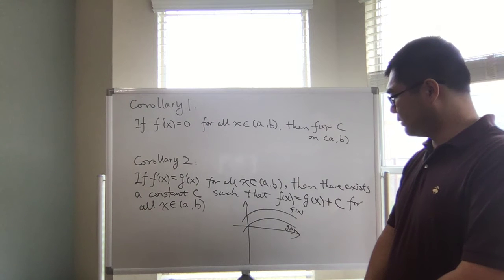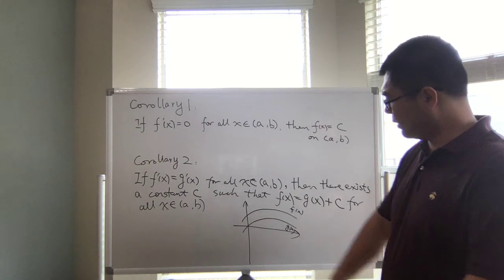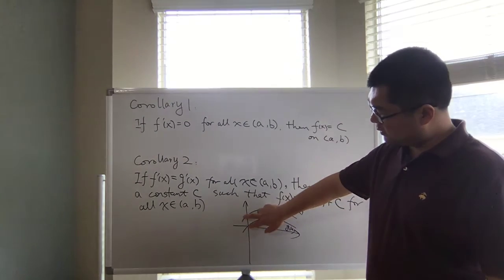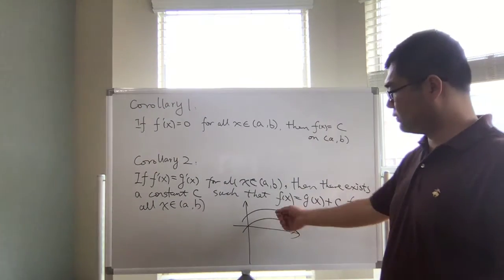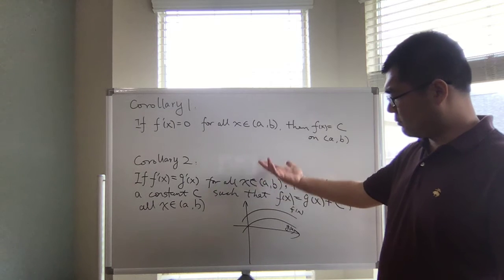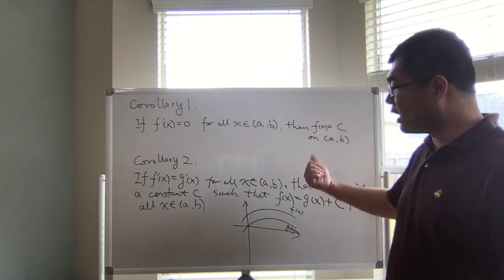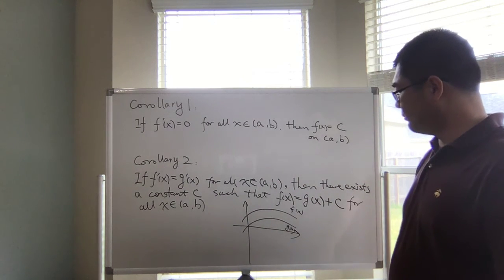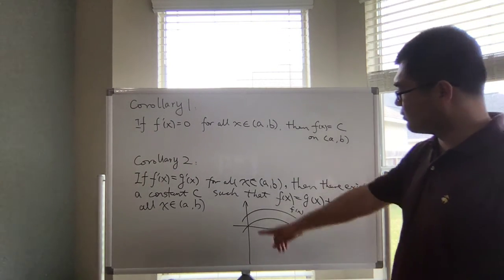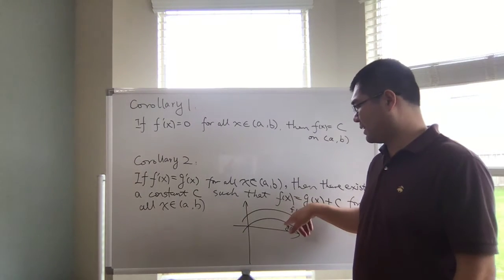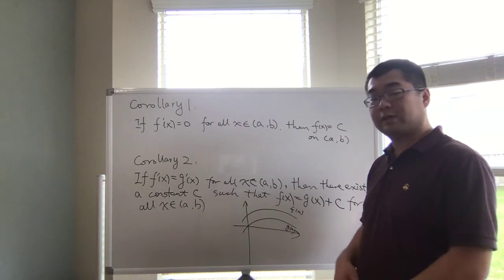So the difference between those two, and clearly you can see that those two curves are actually identical, right? But it's just that there are some units up or down. And you can see the derivatives of those two are exactly the same, but there is some difference between them.